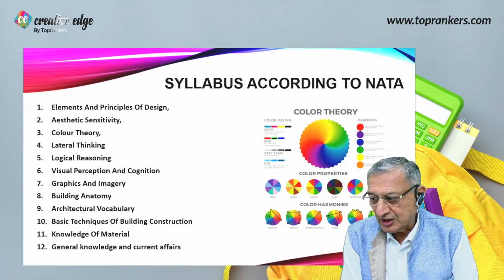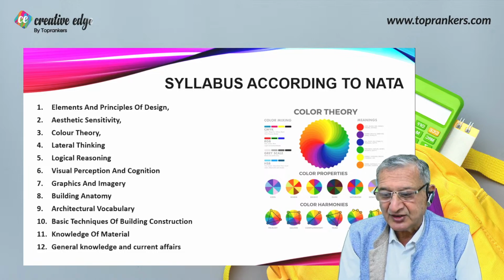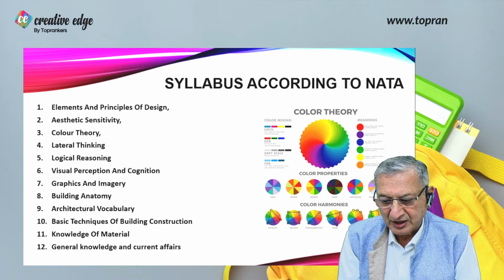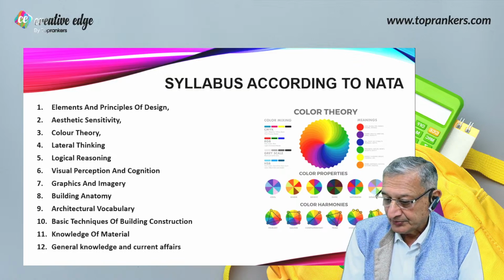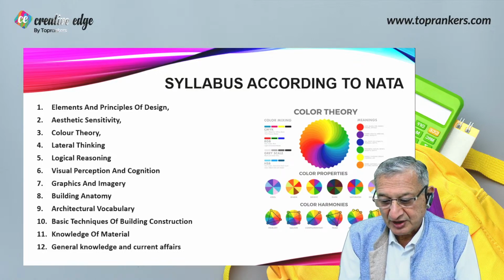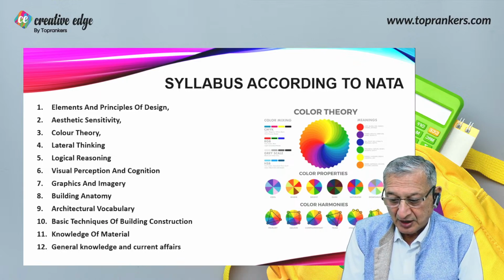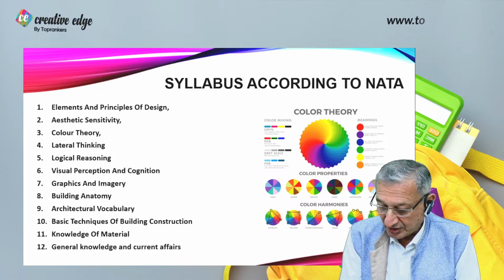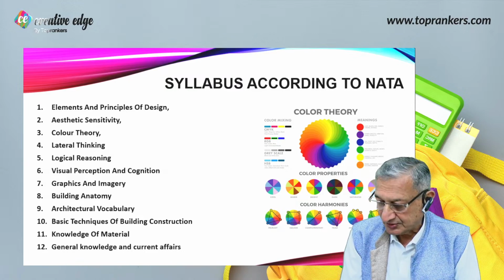The syllabus, according to NATA, demands elements and principles of design, aesthetic sensitivity, color theory, lateral thinking, logical reasoning, visual perception and cognition, graphics and imaginary, building anatomy, architectural vocabulary, basic techniques of building construction, knowledge of material, general knowledge, and current affairs.